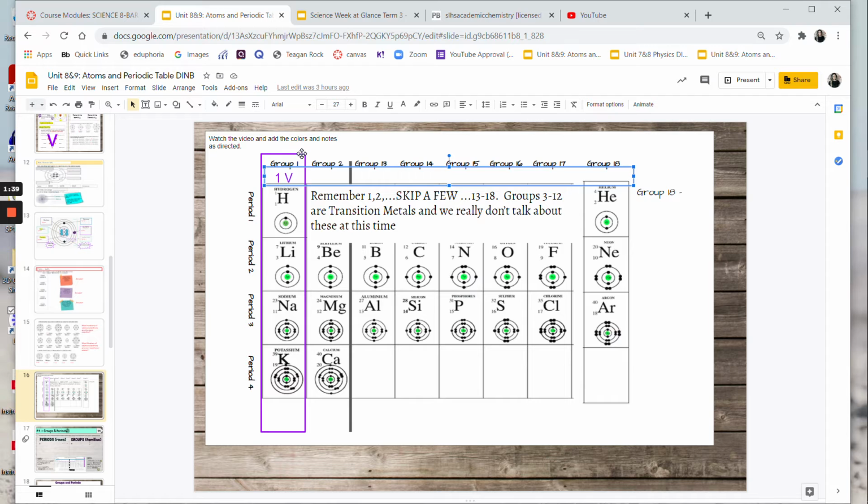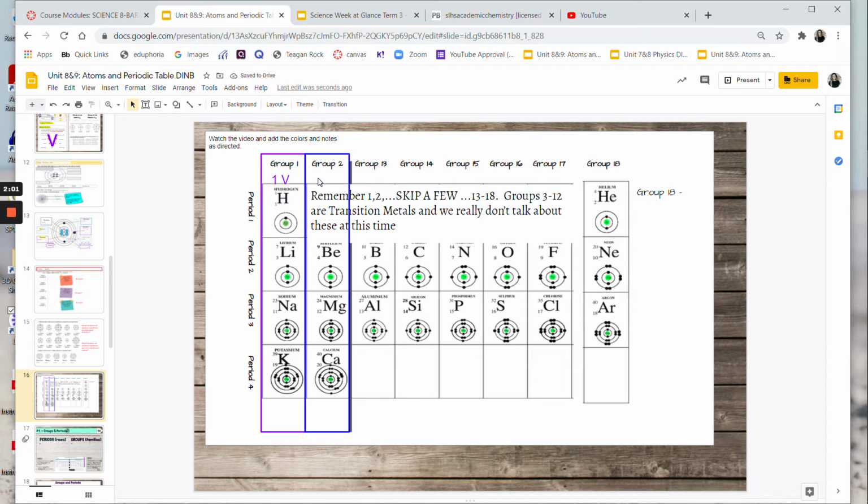Okay? Everybody in group 2, again, groups go up and down. And I'm going to copy that over, and I don't care what color you change it to, just make sure you change that color. Everybody in group 2 is right here. Let's change that color. Let's do blue.